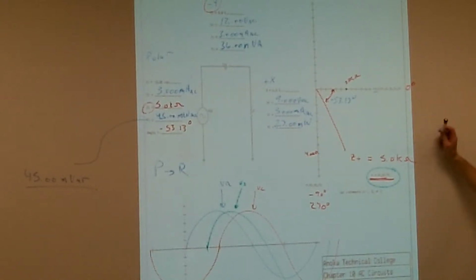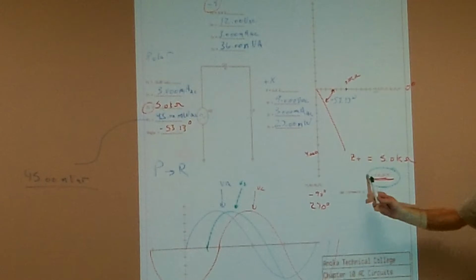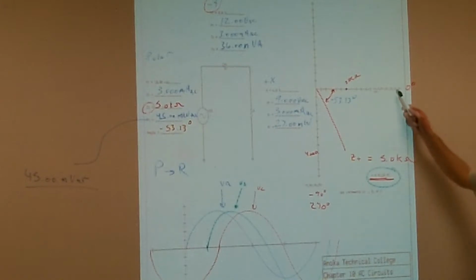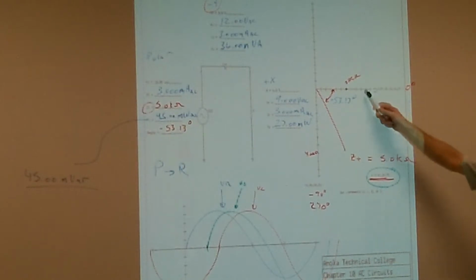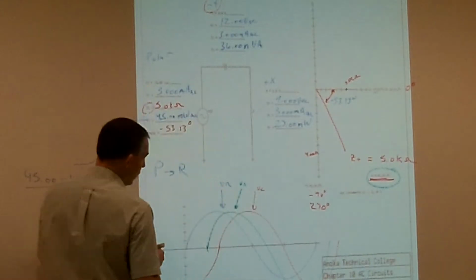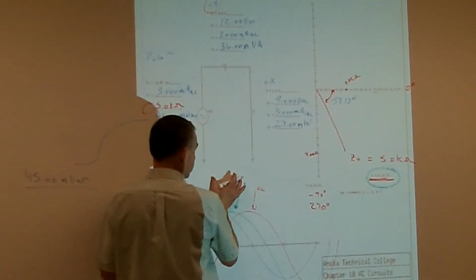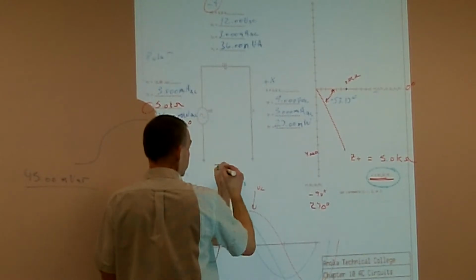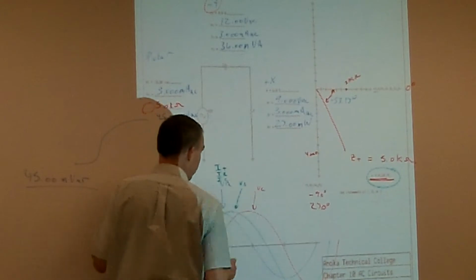Where do I see it on any one of these? Here's my IT, right? Here's my total current. So my total current is at 0 degrees. My current is always going to follow the voltage of my resistor. So at 0 degrees, I've got my IT, IR, since everything remains constant, and then IC.